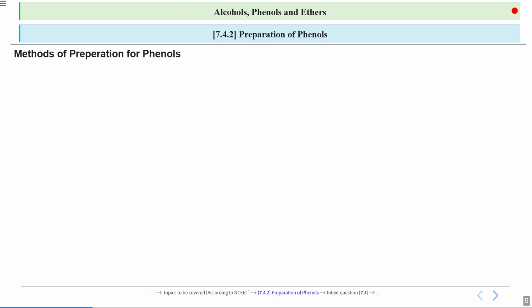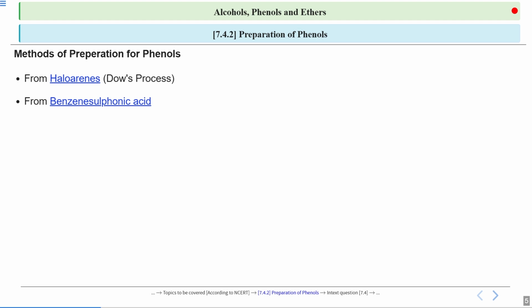Today we will discuss 4 methods for the preparation of phenols. The first method is from haloarenes, and this method is also called Dow's process. In this method we will see how from chlorobenzene we prepare phenol.